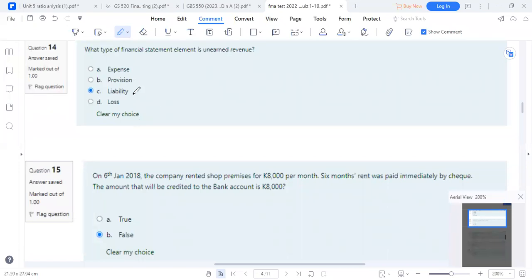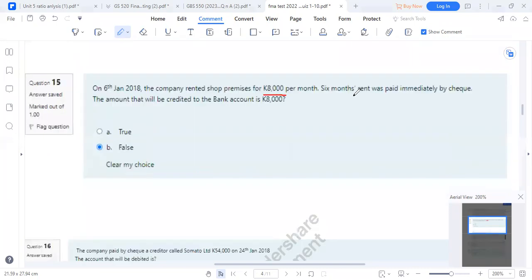On January 2018, the company rented premises, 8,000. The 6 months rent was paid immediately by check. The amount that was credited to the bank was 8,000. That's true? So let's analyze the question.